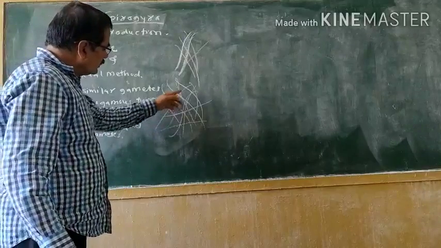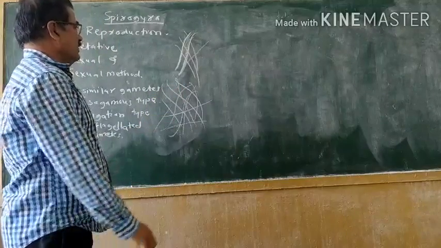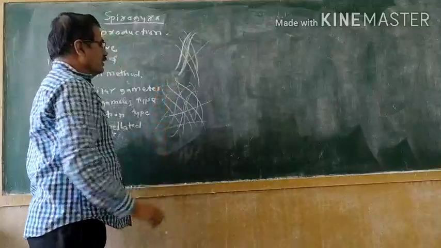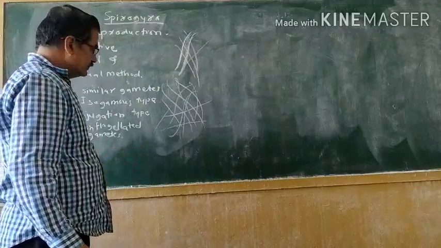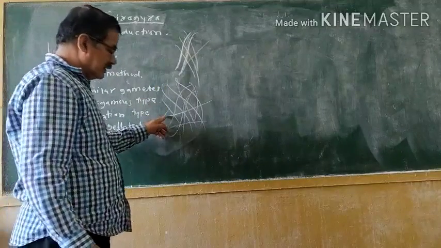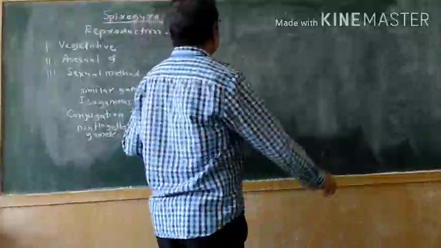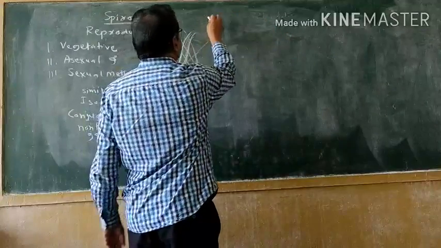The two identical filaments come together for the conjugation. Conjugation takes place by means of two methods.